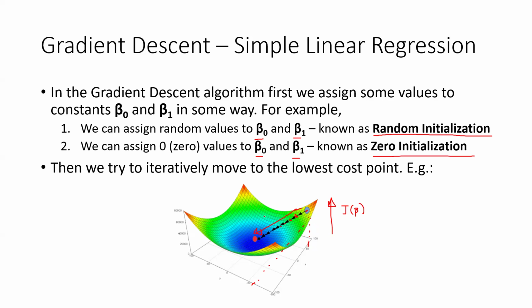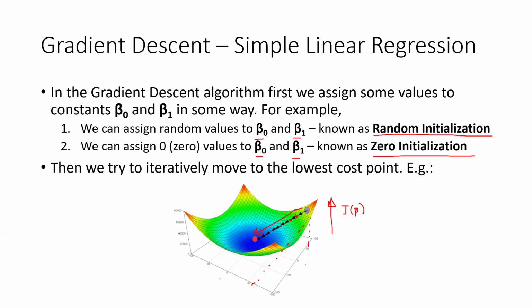The idea is that we don't know the exact formula for this. We know the equation because this is a simple linear regression, but it is not practical to calculate it using the closed form. When it comes to machine learning, there can be different functions which may have very complex curves, not like this one.